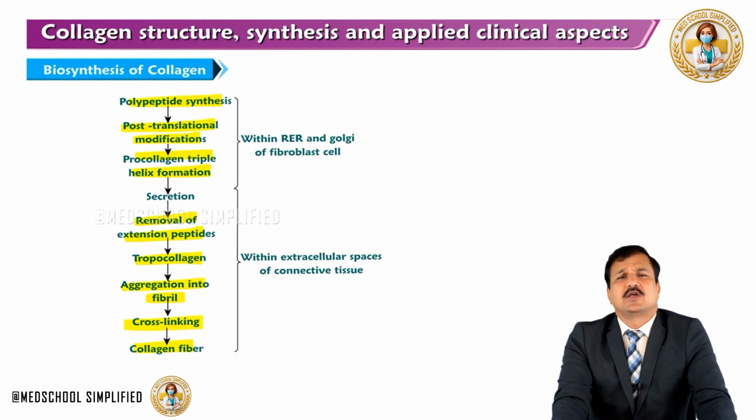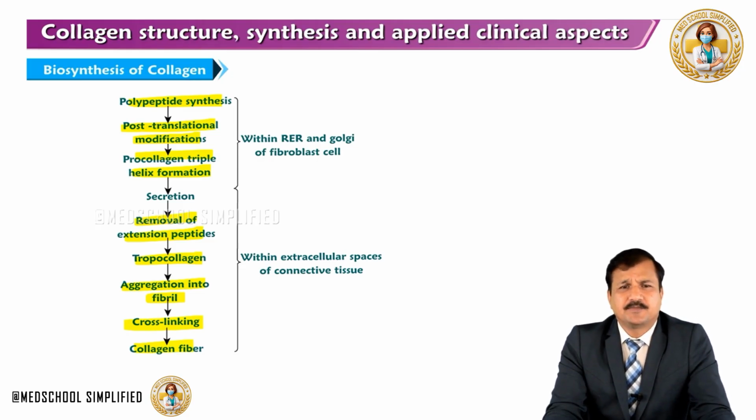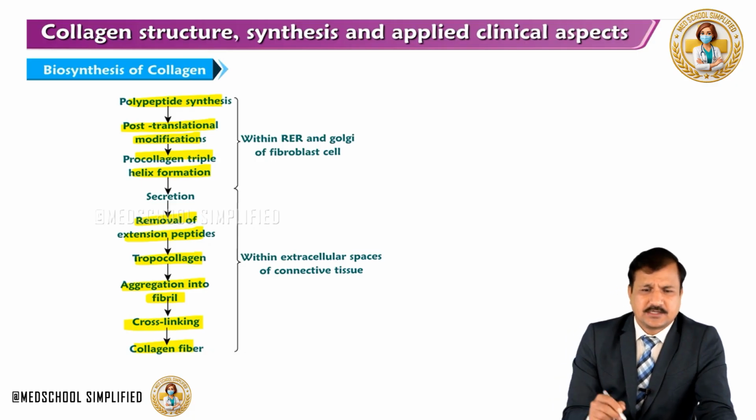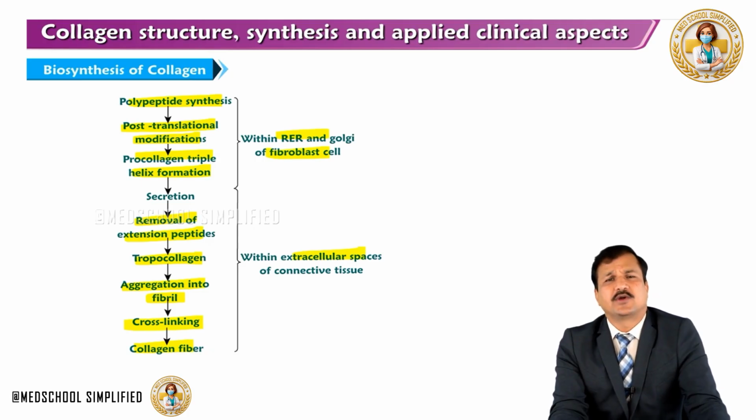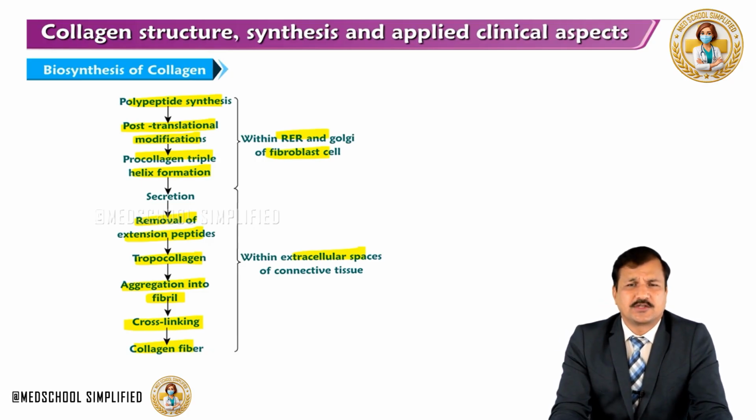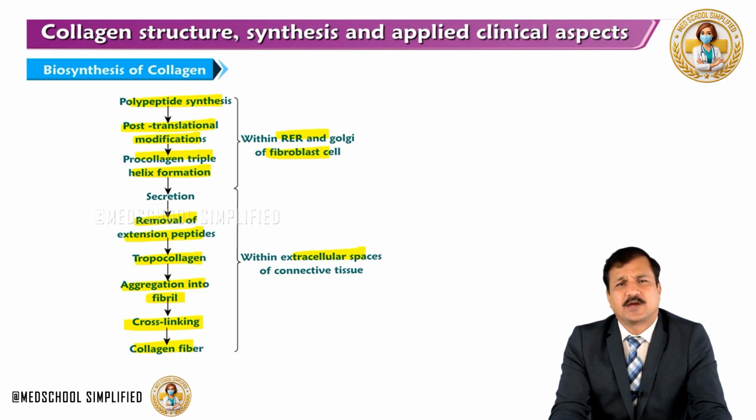So this is how the rough endoplasmic reticulum and Golgi complex in the fibroblast, and later the extracellular matrix, carry out many processes: alpha chains, followed by triple helix, pro-collagen, tropocollagen, and then collagen fiber formation.